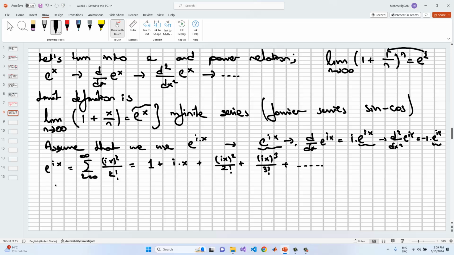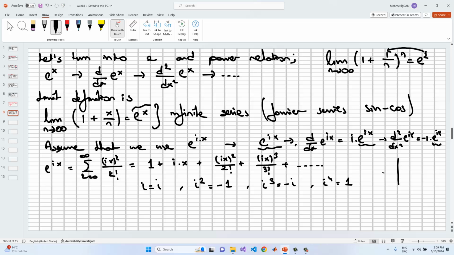And so just see that we have i over i, right? And i squared gives us minus 1, right? And so i cubed is equal to what? Minus i, right? And i to the fourth is given as what? 1, right?